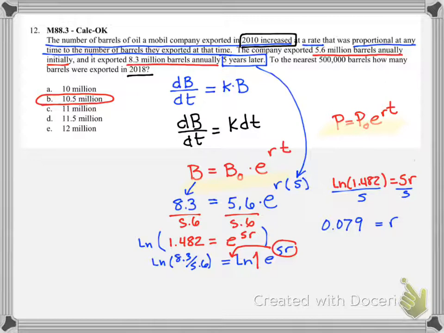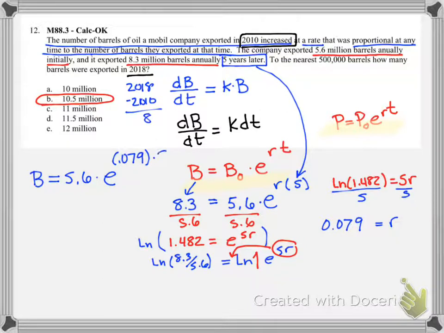Now to get to this 10.5 million, we would have to go back to our original equation. Some final amount of barrels is equal to our initial amount of 5.6 million times e to this rate that we know, 0.079. And we also know the time. That time is 8 years, from 2010 to 2018.